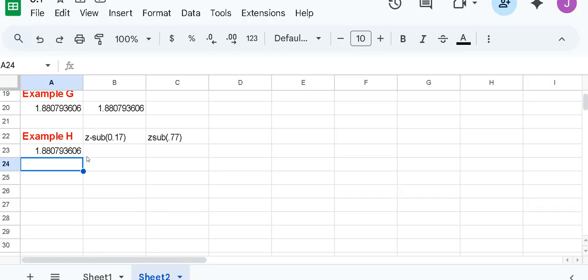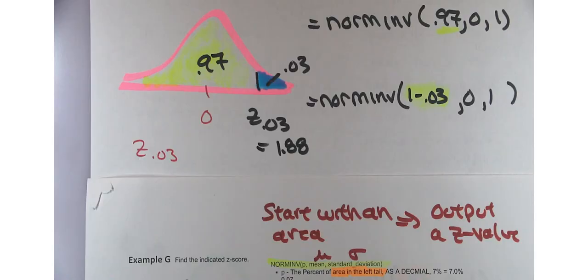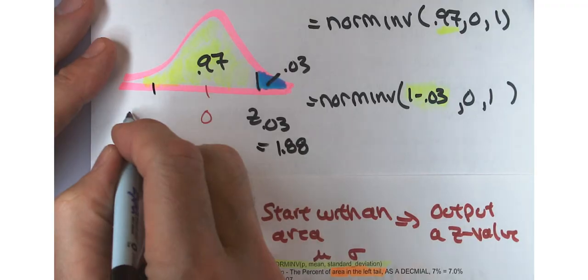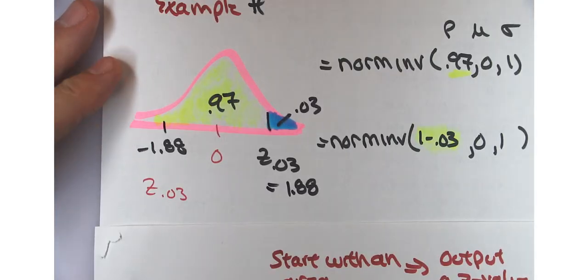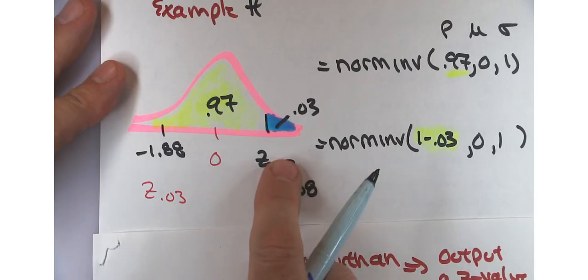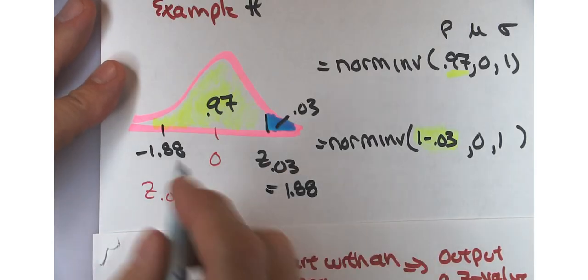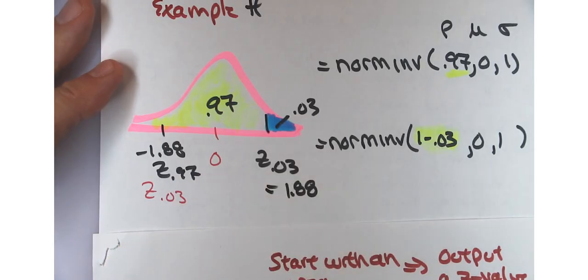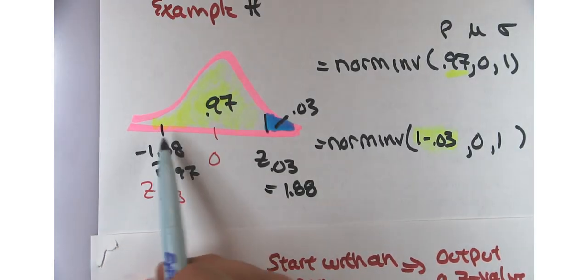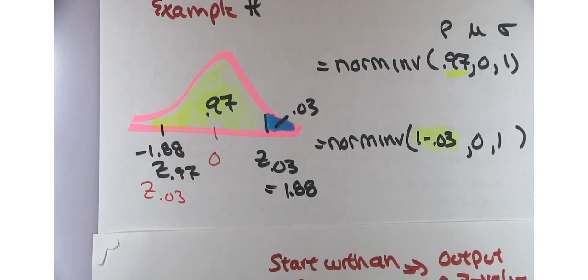So that was 1.88. On the other side of this, I'll have negative 1.88, and I can also write that with z notation. It's negative of this, but you could also say it's positive z sub 0.97, because 97% of the area is going to be to the right of that point on the z distribution.